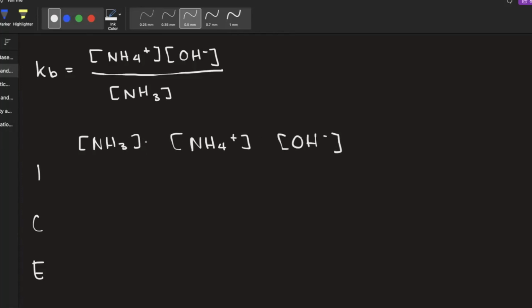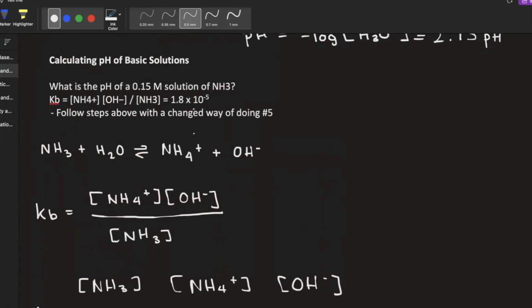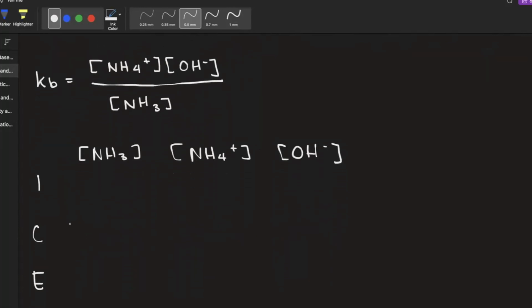By going back and looking at the problem, we can find that we already have 0.15 molar solution of NH3 in the solution. So we're just going to put 0.15 molar for our base. We have 0 of NH4 plus and 0 of OH negative.